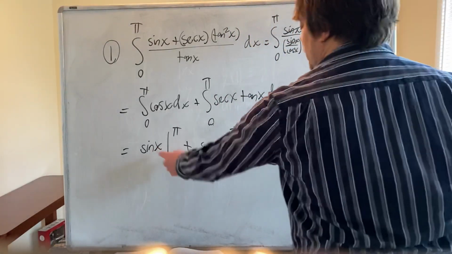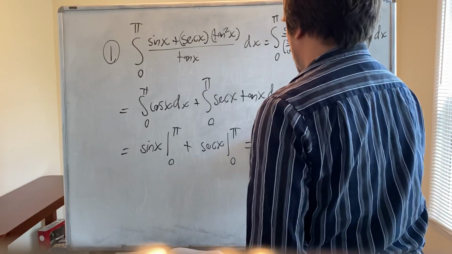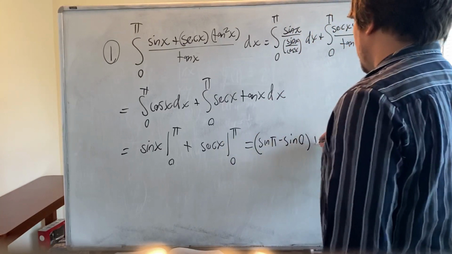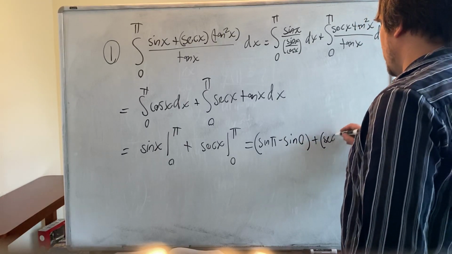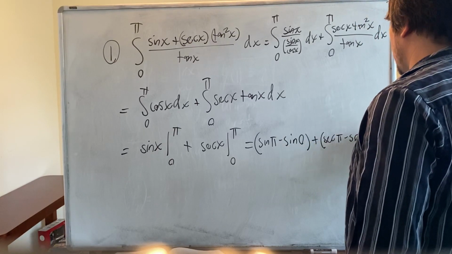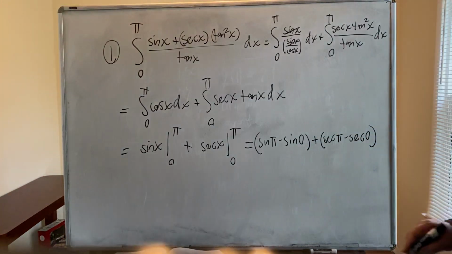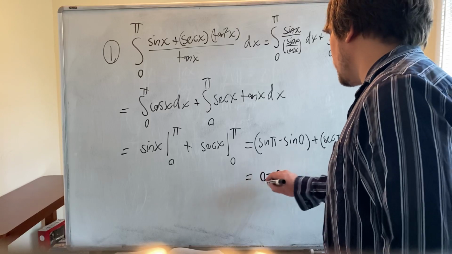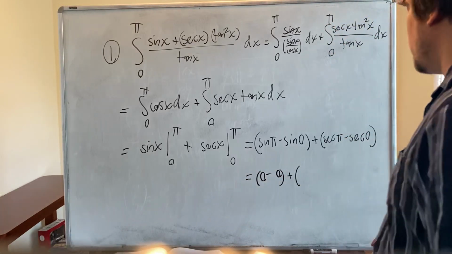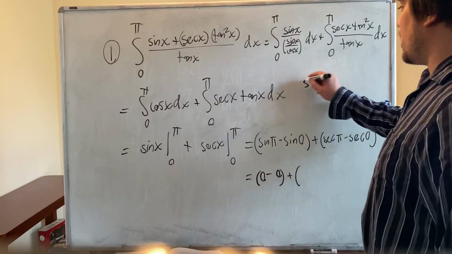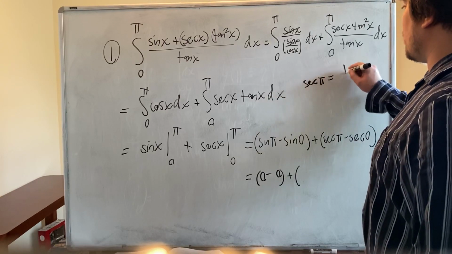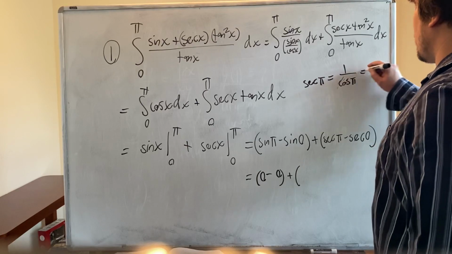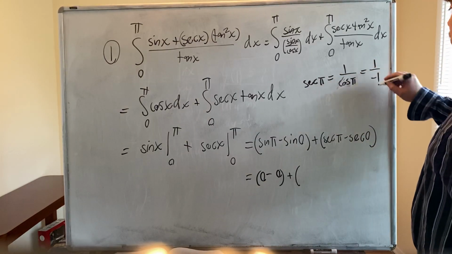Sine x evaluated from 0 to pi is sine pi minus sine 0, plus secant pi minus secant 0. Sine of pi is 0, minus sine of 0, which is 0, so 0 minus 0, plus secant of pi. I think of secant of pi as 1 over cosine pi, and cosine of pi is negative 1, so this is 1 over negative 1.